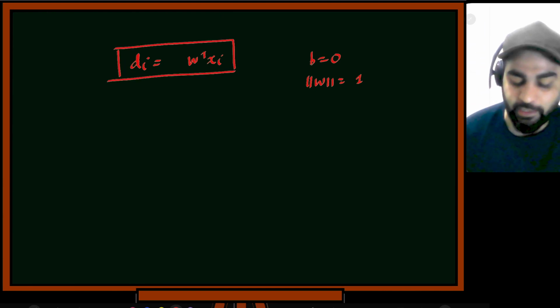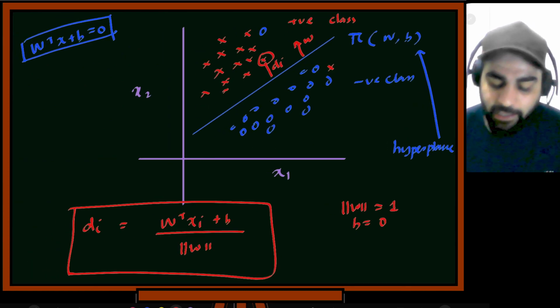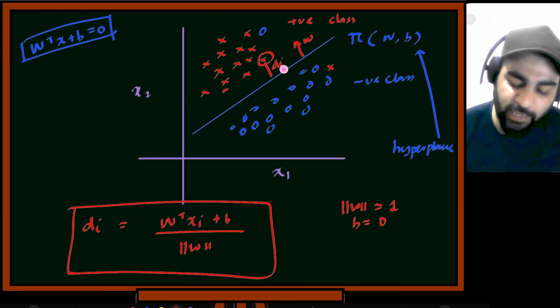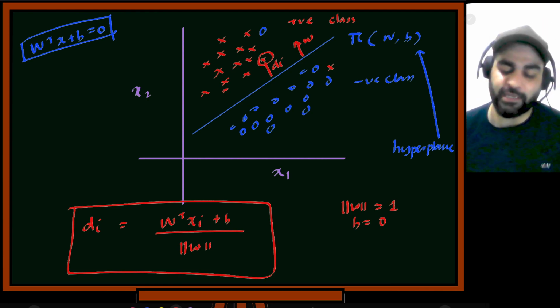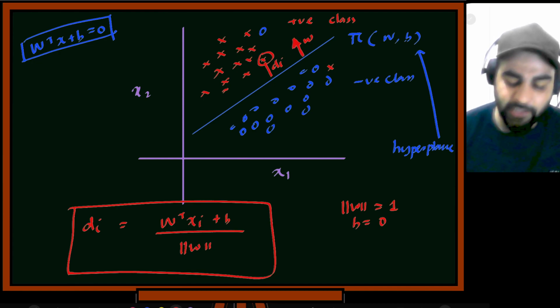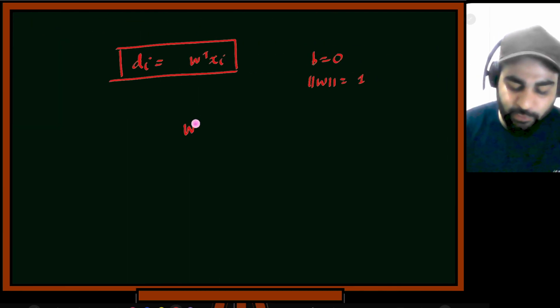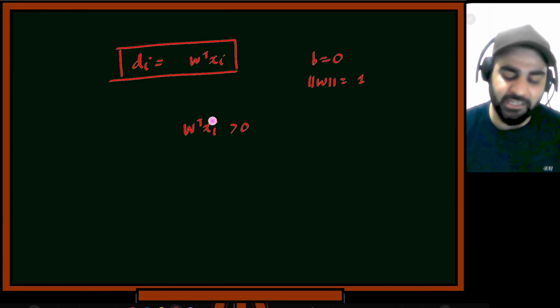Now if you see this diagram, if w and this point lie on the same side of the plane, the point lies on this side and w has a direction like this, then from the dot product you know w transpose xi will be greater than 0, because this is just a dot product.